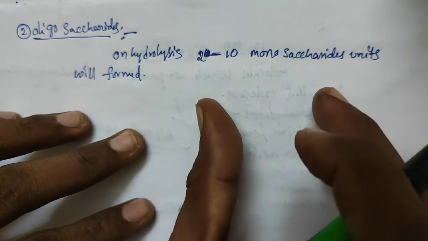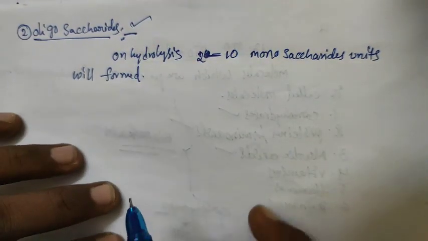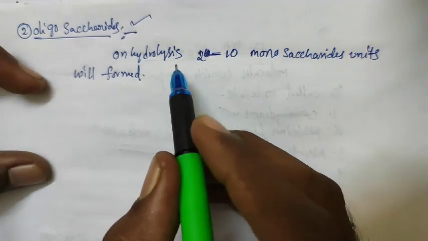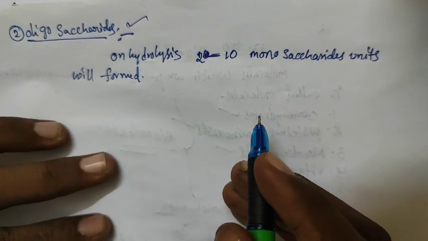That means 2 to 10 monosaccharides join to form an oligosaccharide, and on hydrolysis we get those simpler units.